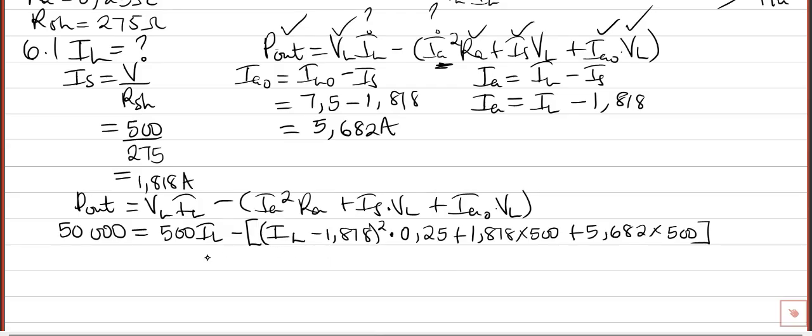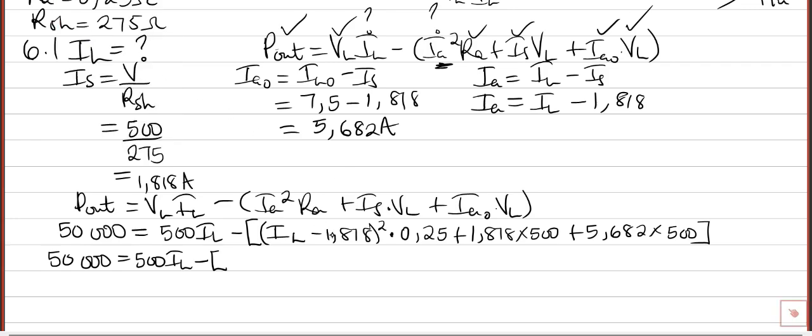So from here, we want to simplify, and we are doing maths. So from here, we're saying 50,000 equals 500 IL minus. Then we want to simplify this expression. Here's what we can do.